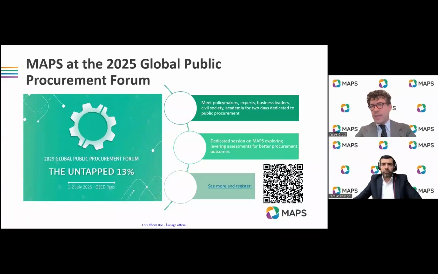Finally, we just want to say that the MAPS Secretariat is very happy to, in partnership with the OECD, be organizing the Global Public Procurement Forum this year in July.